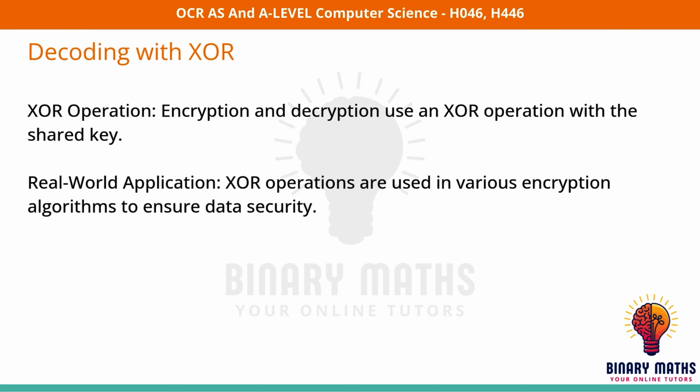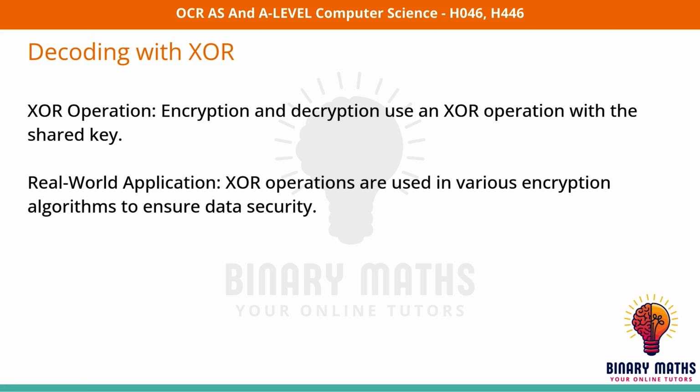Encryption and decryption with the Vernam cipher are performed bit by bit using an exclusive OR operation with a shared key. For example, if the plaintext bit is 0 and the key bit is 1, the resulting ciphertext is a 1. If both bits are the same, the resulting ciphertext bit is 0.